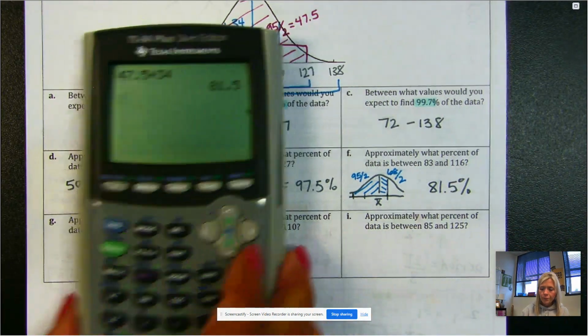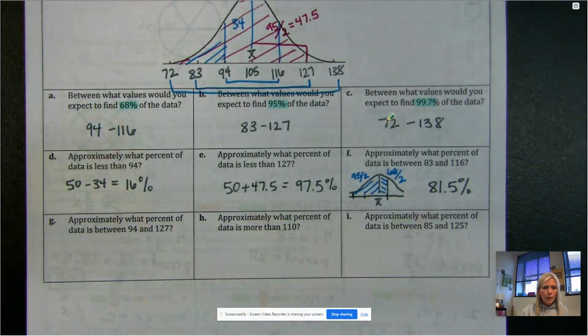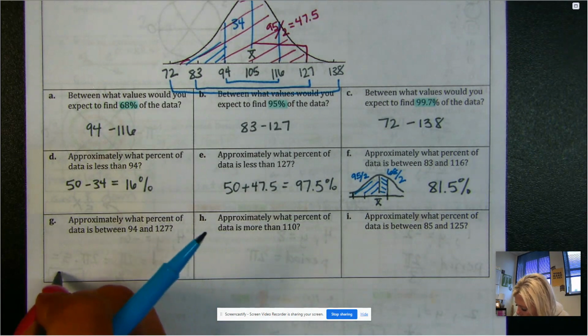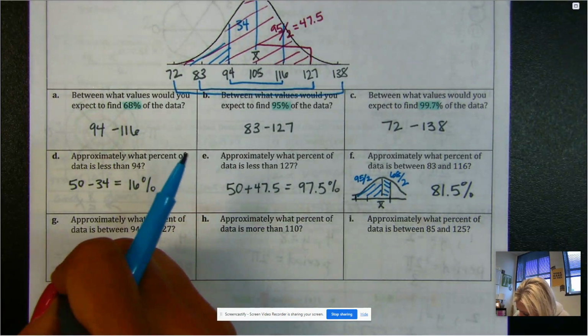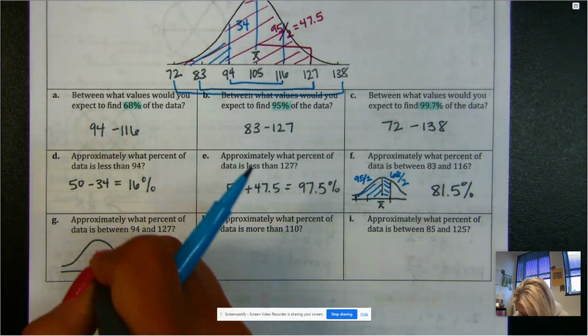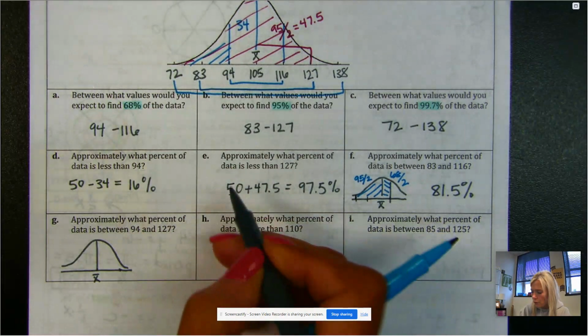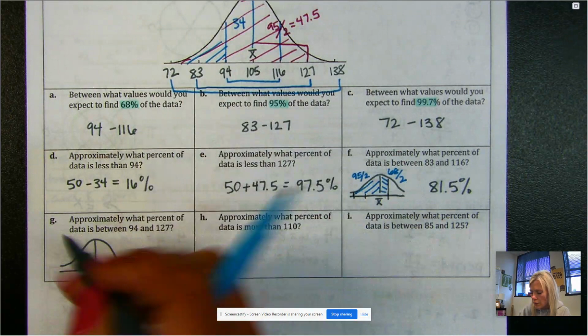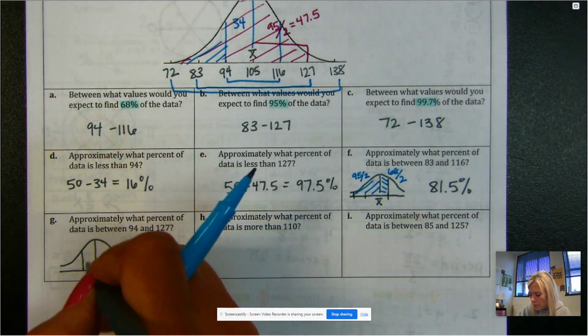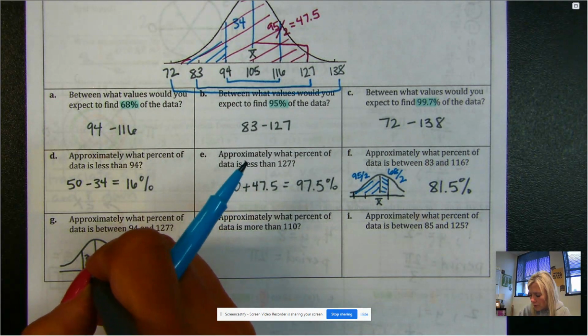All right. Okay, the next one is between 94 and 127. It's kind of like the problem before it, because here's our mean. This time, 94 is 1 standard deviation below the mean, so this is the part that's 34.